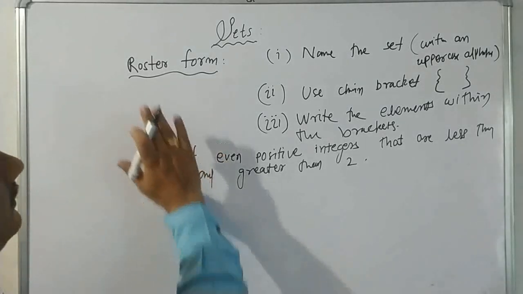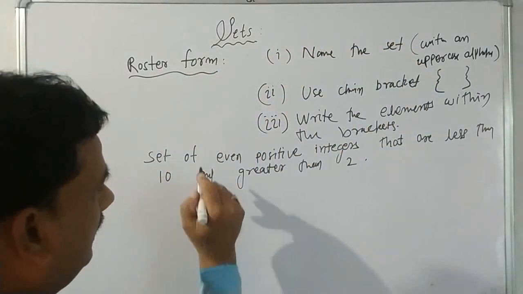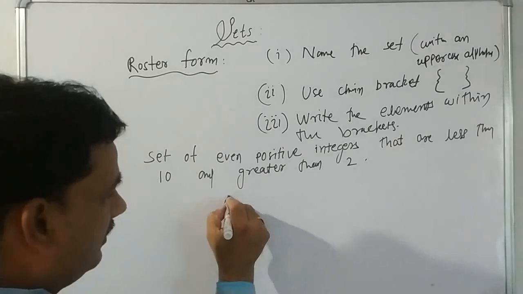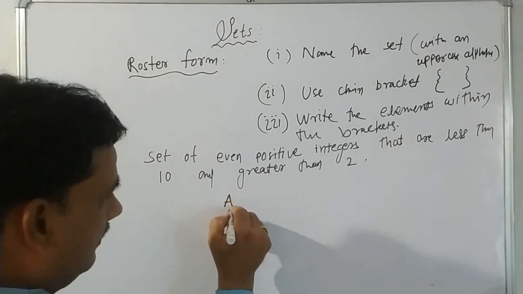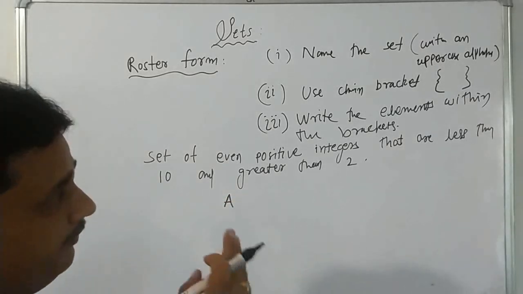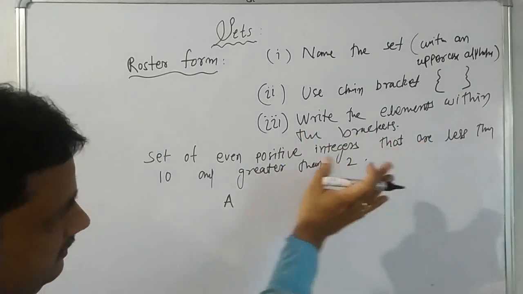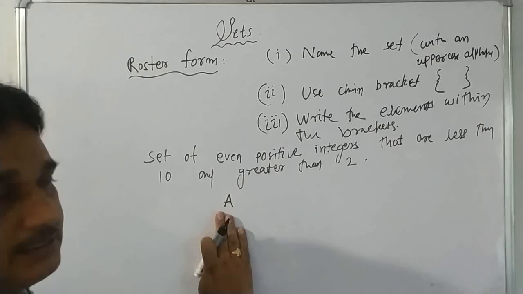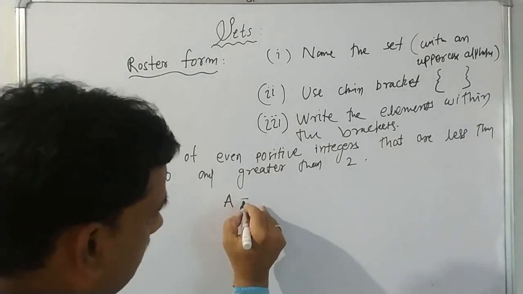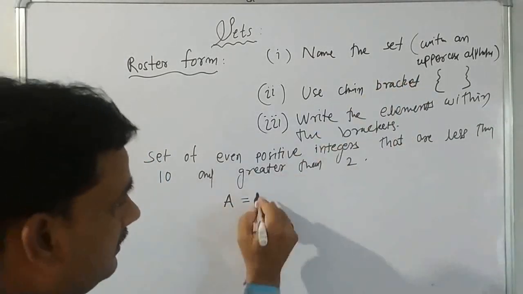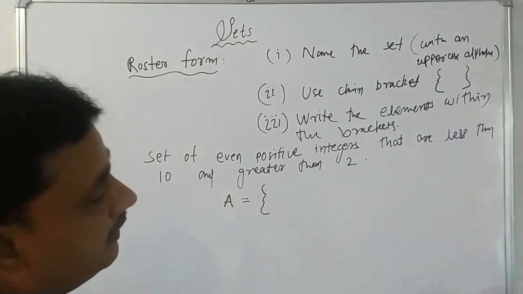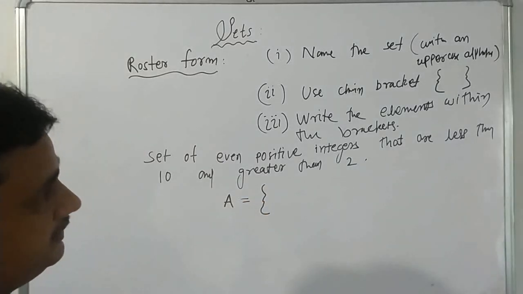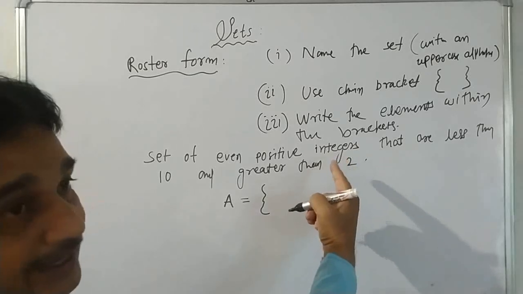As per the rule, let me name it first. A, because I am not taking all the integers, only some specific integers, so I have named it A is equal to. Then start with a chain bracket, then the elements.